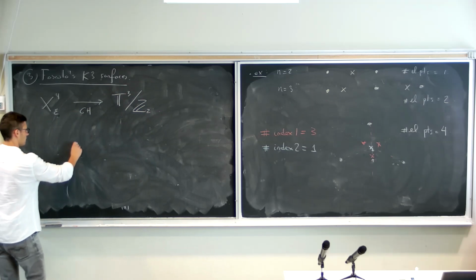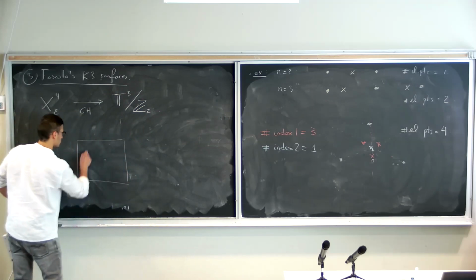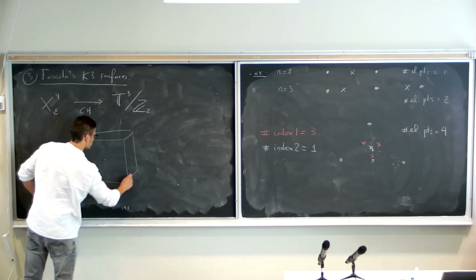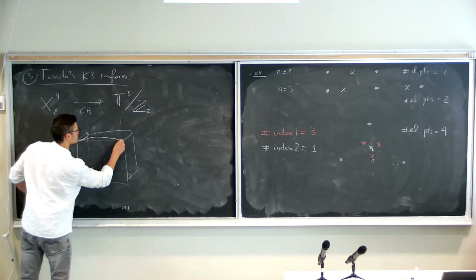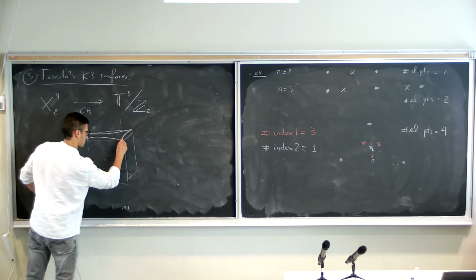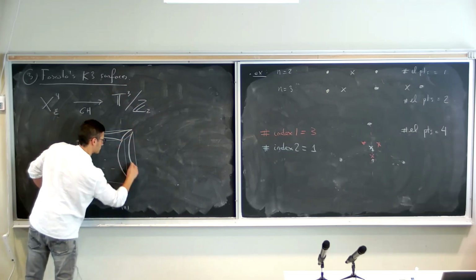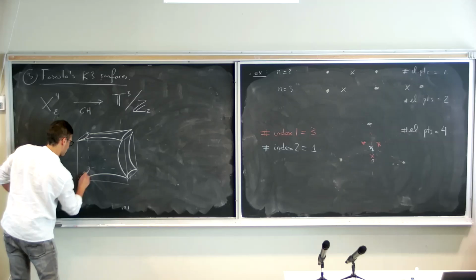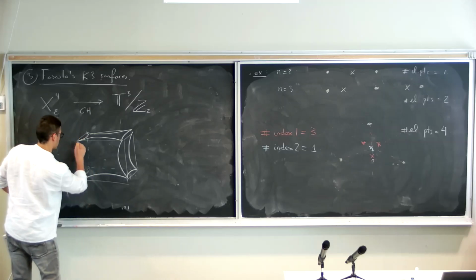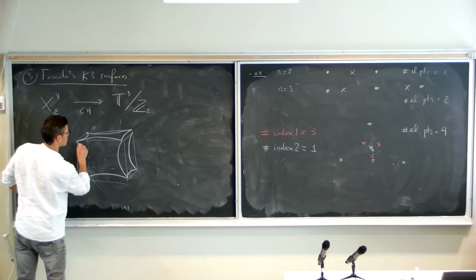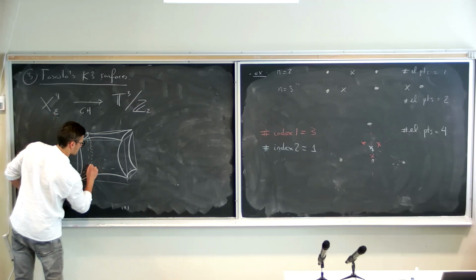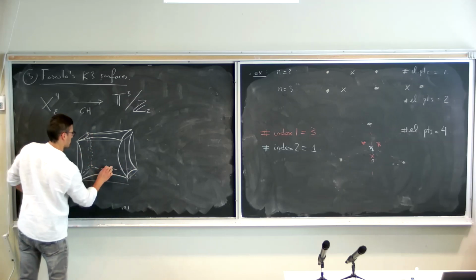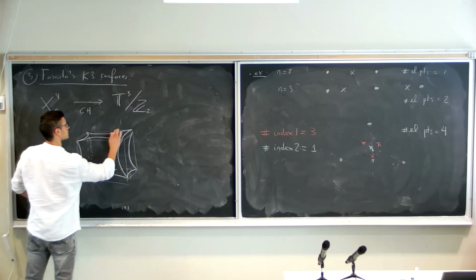How does that look like? I'll make a picture of the 3 torus quotiented out by Z2. So something like this. Okay, so imagine it's this stuff without the straight lines.